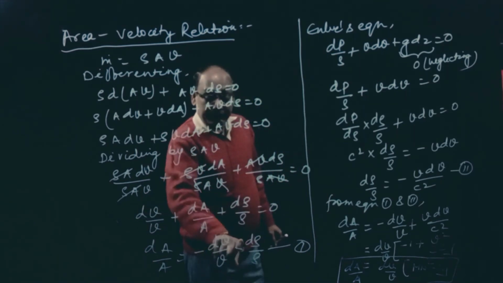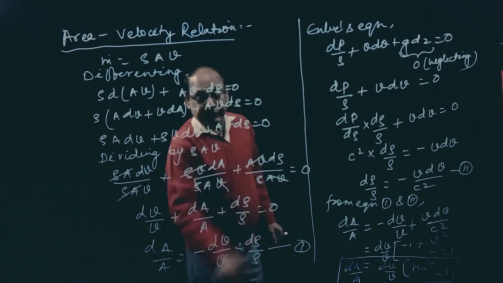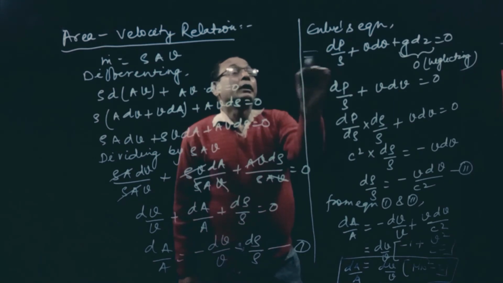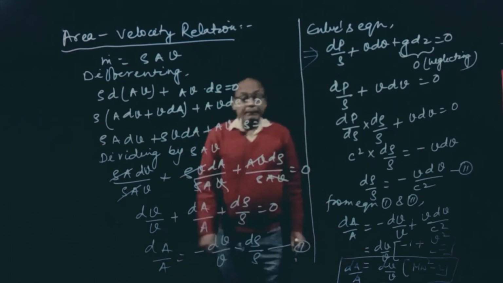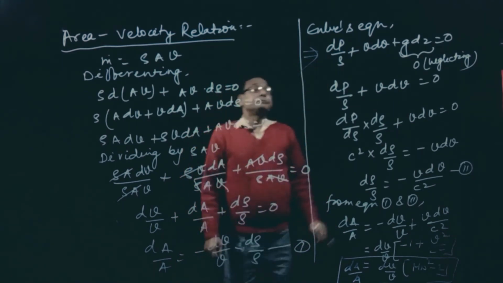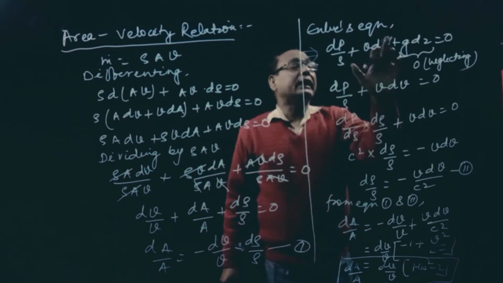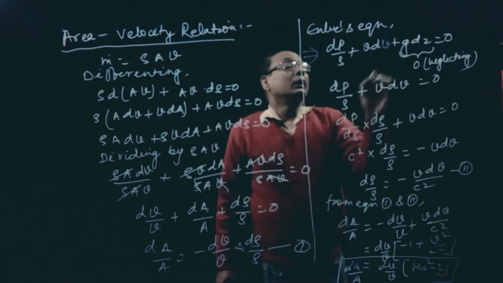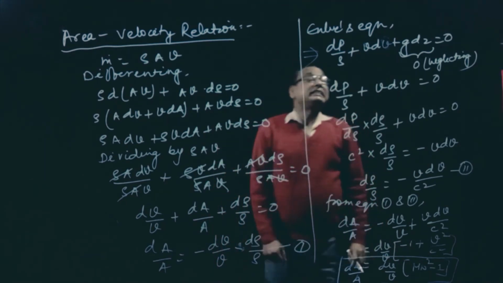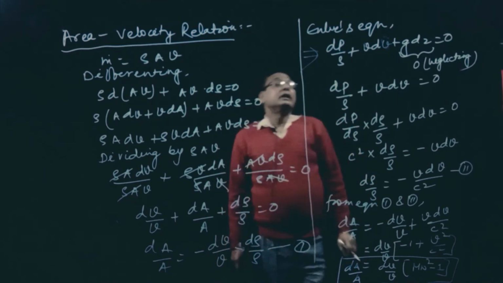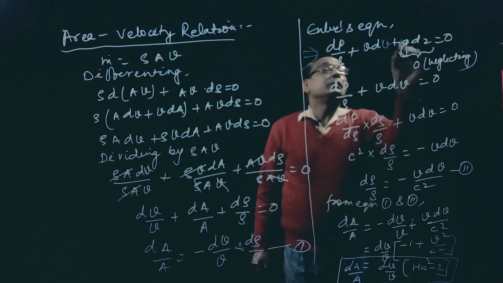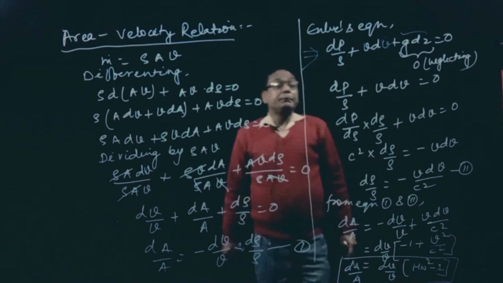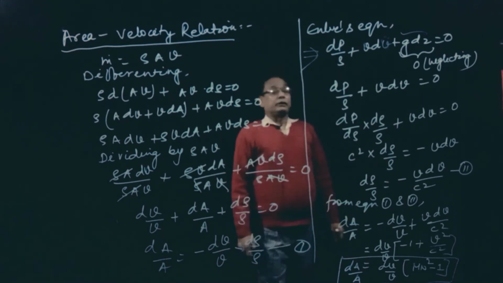Now we have to convert d rho by rho using the Euler equation, which is dP by rho plus V into dV plus g into dZ is equal to 0. Neglecting the potential energy term, dP by rho plus V into dV is equal to 0.